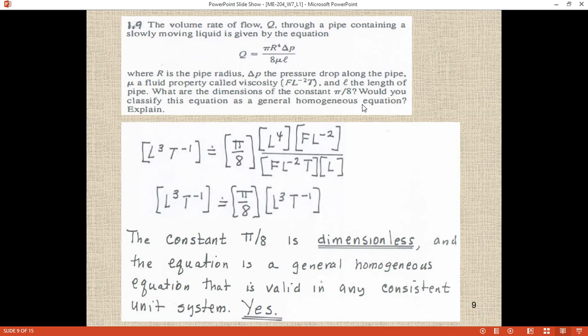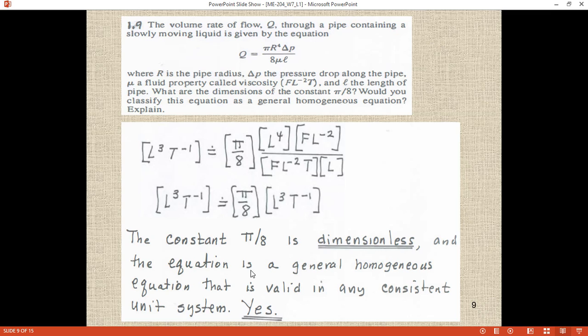So let's see, we substitute the units of all the variables. The radius is a length, delta pressure is force per unit area, which we can find in terms of dimensions, and mu, the dynamic viscosity, and length are given.